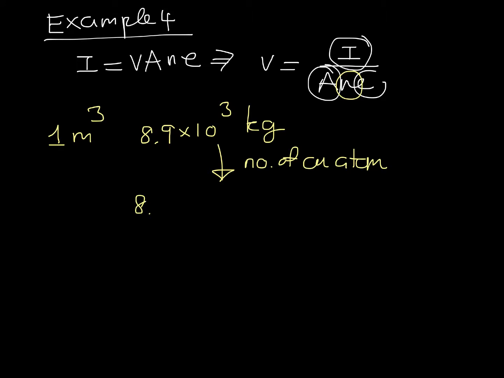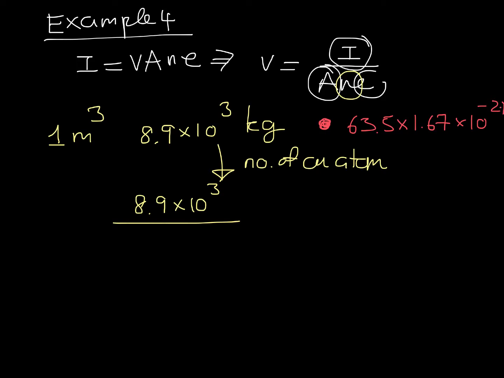So we have 8.9 times 10 to the power of 3 divided by the weight of one copper atom, which is about 63.5 times 1.67 times 10 to the power of minus 27.